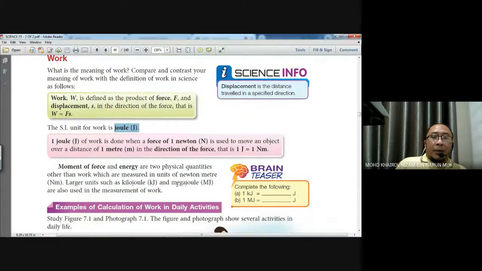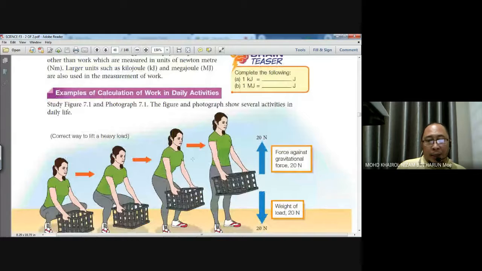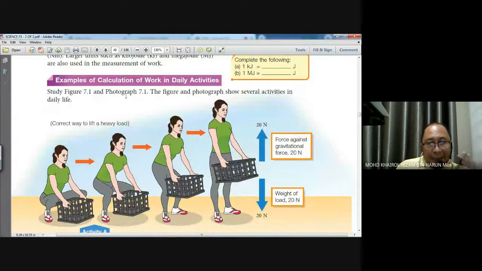And then, how do we understand this work? How do we calculate work in our daily activities?